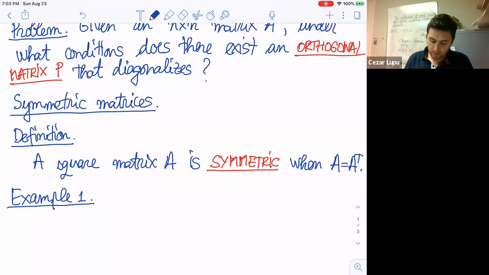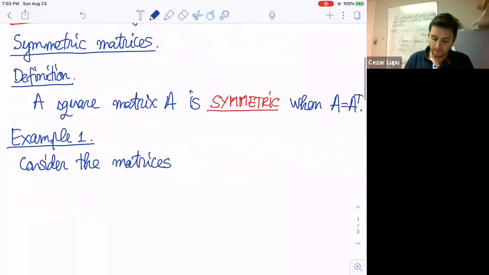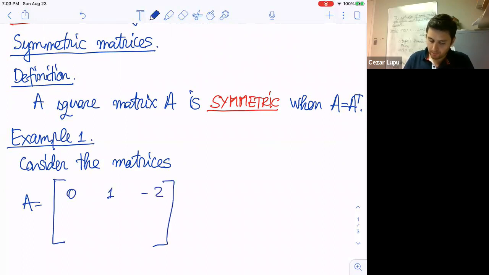Let's consider the following matrices. A is the 3 by 3 matrix with rows 0, 1, -2; 1, 3, 0; -2, 0, 5. Matrix B is 4, 3, 3, 1.